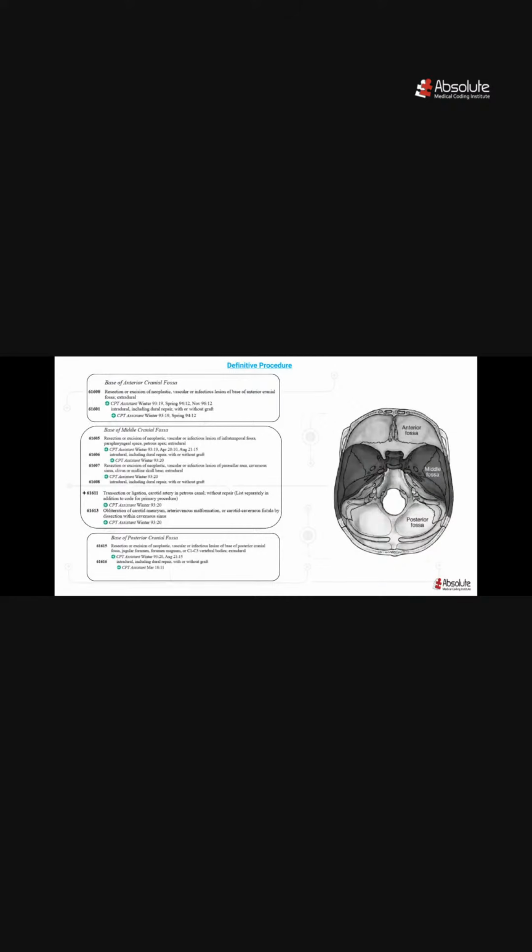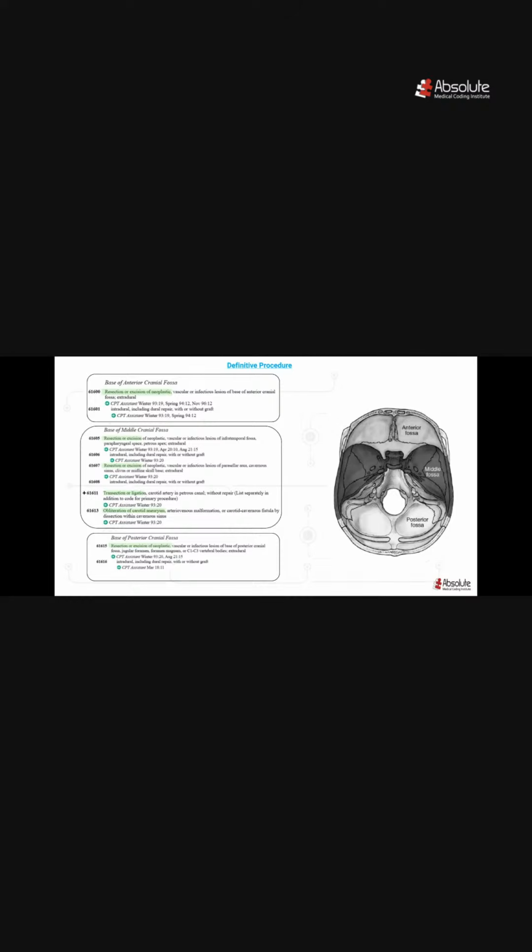Again, all these definitive procedures involve treating the lesions at the base of the skull, such as neoplastic tumors, vascular lesions, and infectious lesions. These codes are grouped into three: the base of the anterior cranial fossa, the base of the middle cranial fossa, and the base of the posterior cranial fossa.